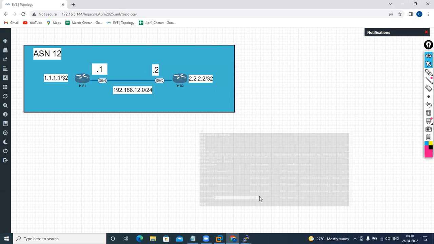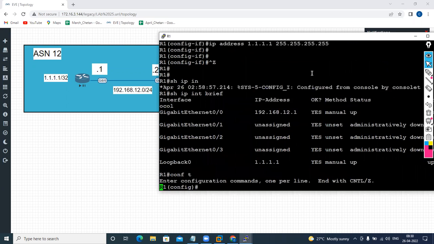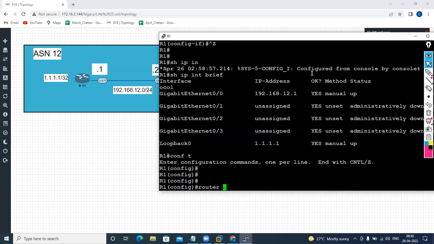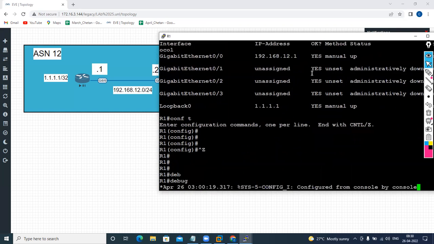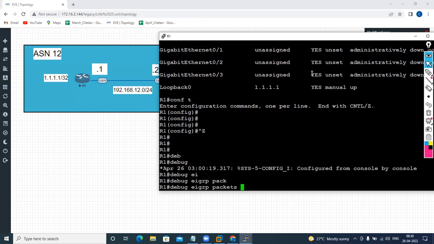Now we'll go and enable EIGRP on R1 and R2. So router, before enabling, just start the debug. Debug EIGRP packets.